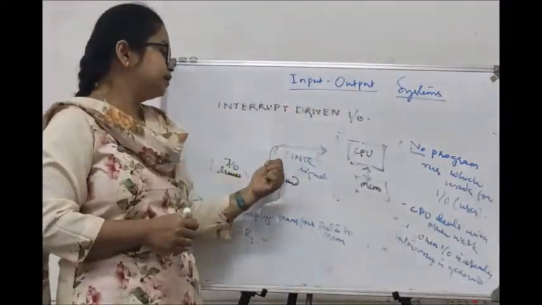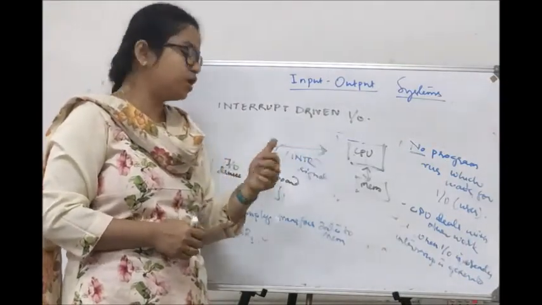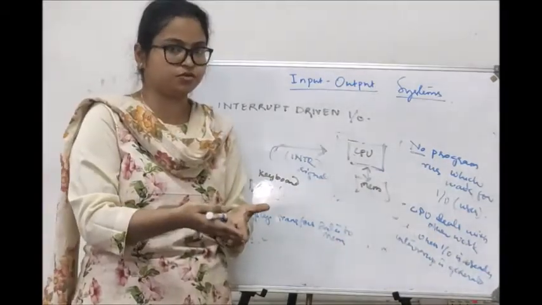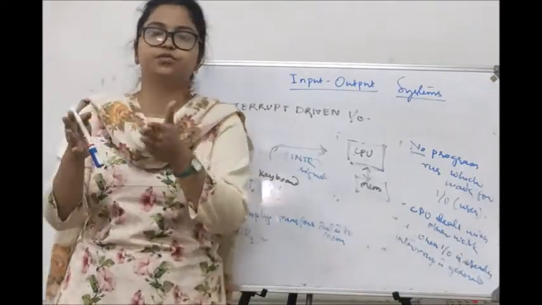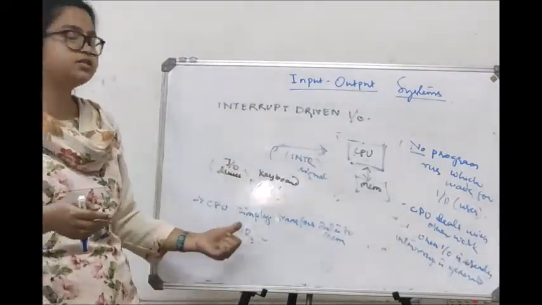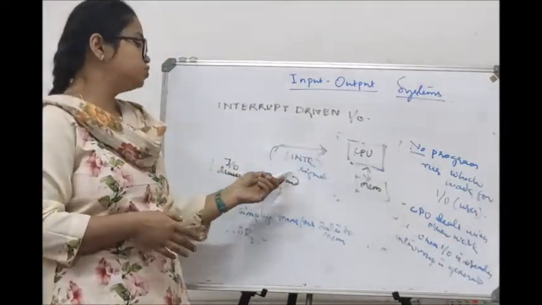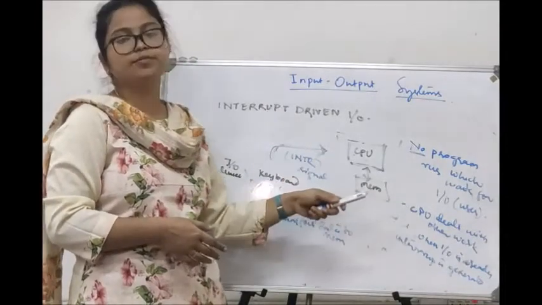When data is ready, the IO device generates the interrupt and the CPU then does what? It runs the ISR. ISR means servicing the request. So how does it service the request? By doing whatever it was supposed to do. That is, it will store the data in the memory. It will transfer the data to the memory.